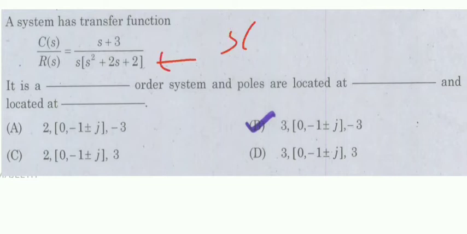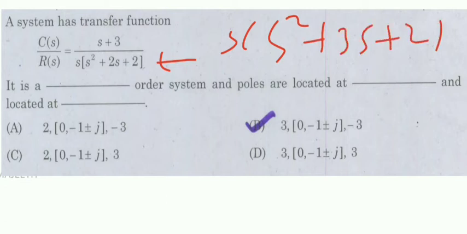It is s into (s squared plus 2s plus 2). This one has power of 2, this one is 1. So when you multiply s into s squared, the denominator will have a maximum power of s cube. That gives the order of the system. So it is an order 3 system.